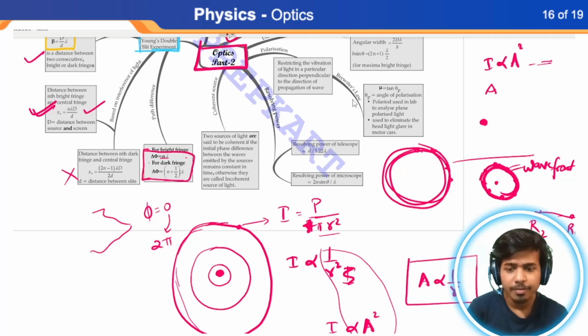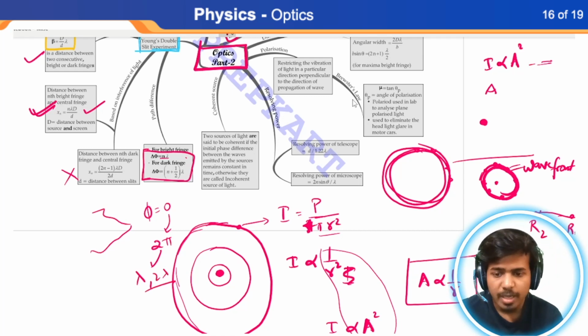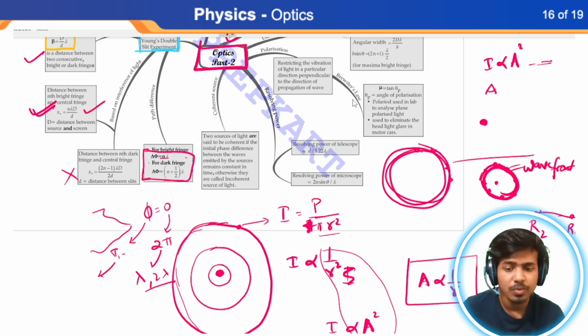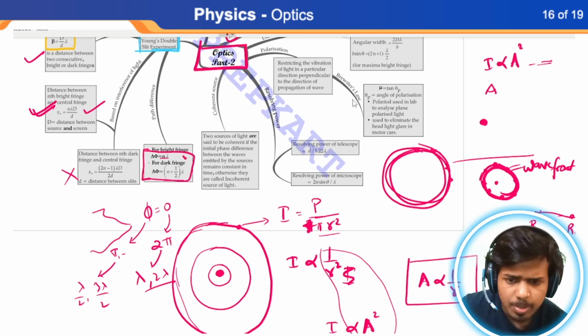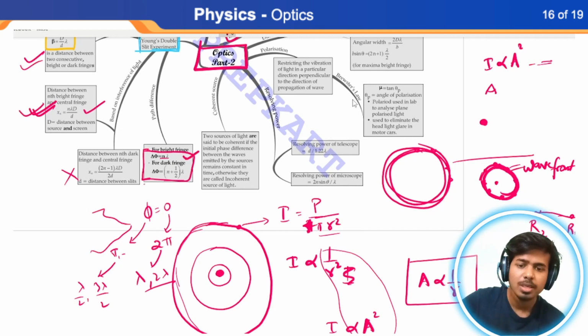In that case, the path length difference is going to be lambda, 2 lambda, things like that. When the phase difference is going to be pi, 3 pi, things like that, then the path length difference between both of them is going to be lambda by 2, 3 lambda by 2, things like that. So this is an explanation for this, but you need to remember only this part. This is for the understanding.